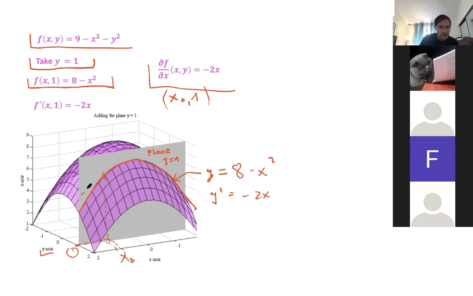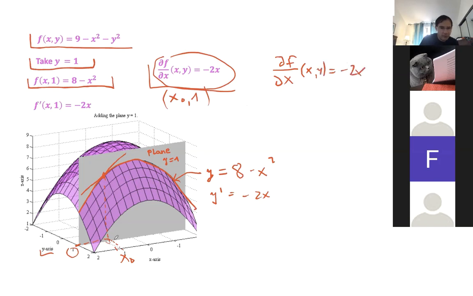So what is this tangent line? This is the slope. So the partial derivative of this function f with respect to x is a function of two variables, x and y. This function is equal to negative 2x.